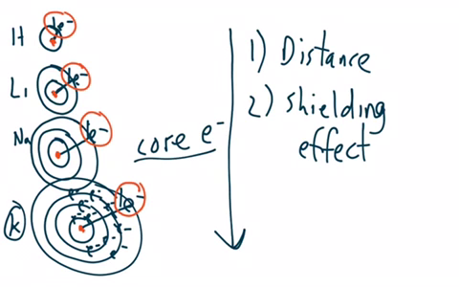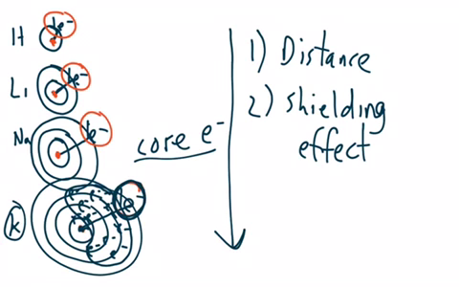These core electrons actually provide what are called electron repulsion forces. And I'm going to try to explain this so you can understand: these electrons literally shield the outer one over here from the protons in the nucleus.